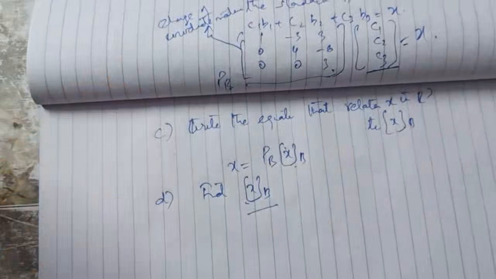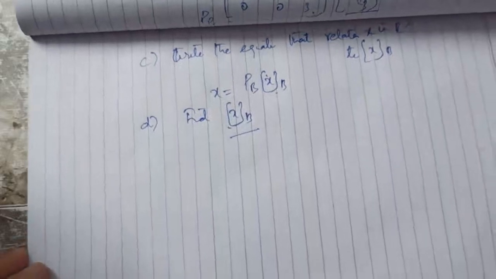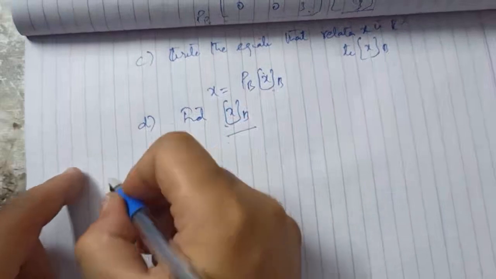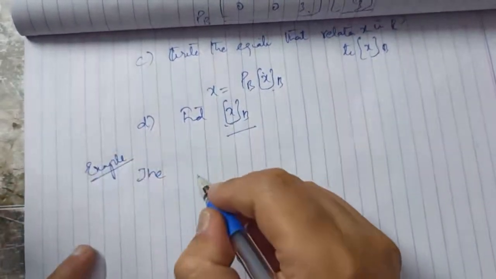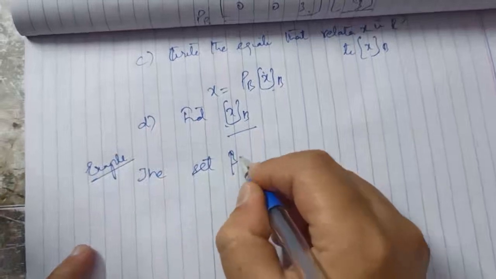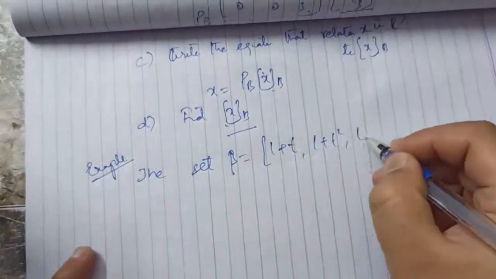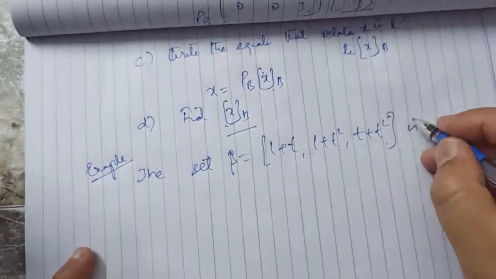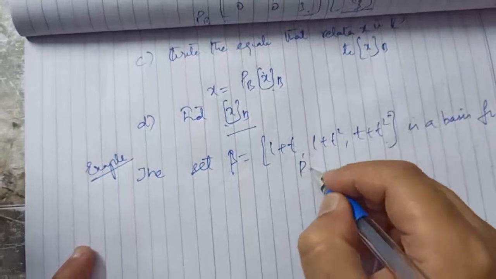Okay. Now similarly we can have a last example. Say the set B equals 1 plus t square and t plus t square, and this is a basis for P2, right?